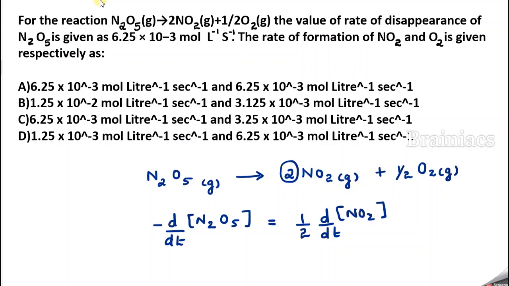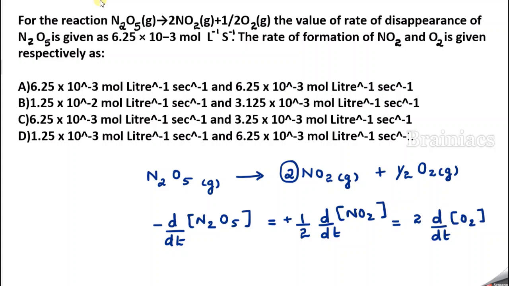And please listen here, a plus symbol will come. Why? Because it is a product, so it keeps on forming and its concentration is increasing. Next one, you have half as the coefficient, so take the reciprocal, so 2 will come in the numerator: 2 d by dt of O2, correct?